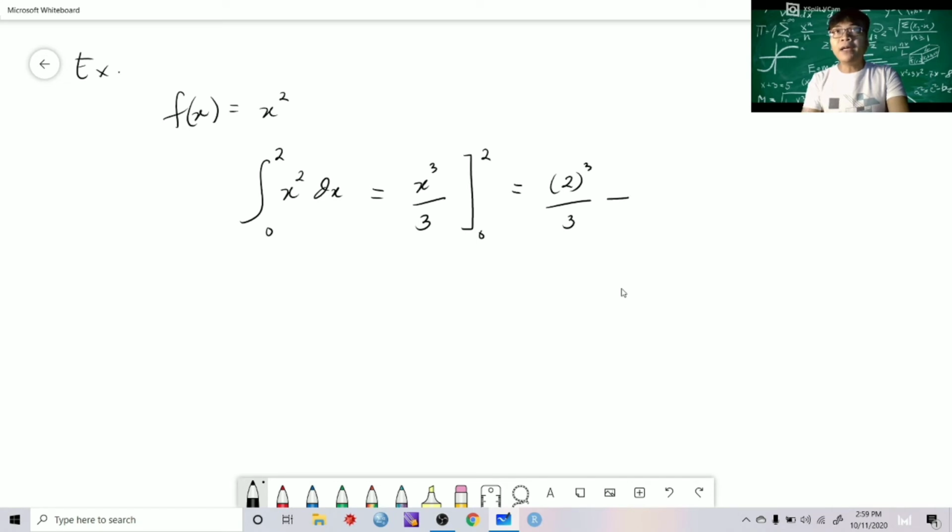Then minus, we now plug in 0 to x. So we will have 0 raised to 3 all over 3. Evaluating this, we will get 8 over 3 minus 0. So the final answer would be 8 over 3.